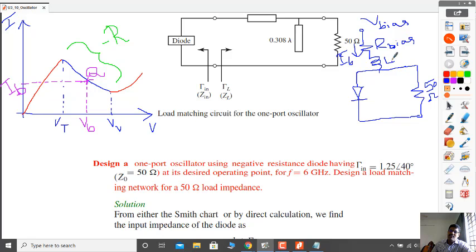Whereas this coil will prevent the flow of RF current through the bias network. Therefore, this coil does the isolation work, preventing RF current and allowing only the DC current.